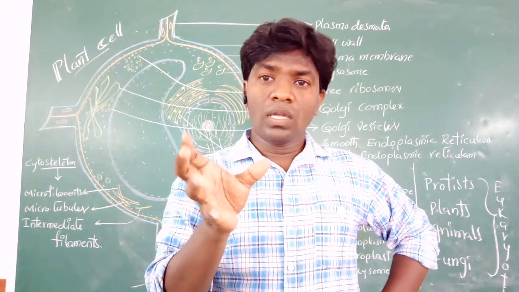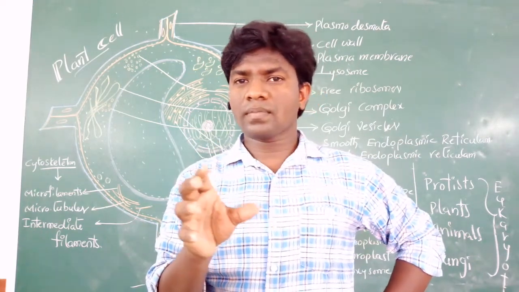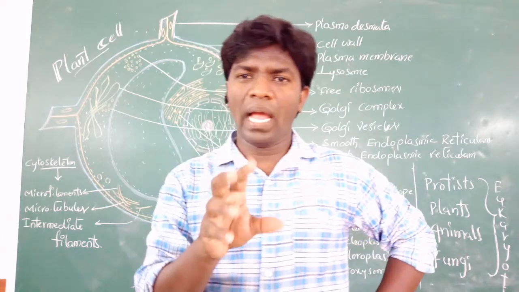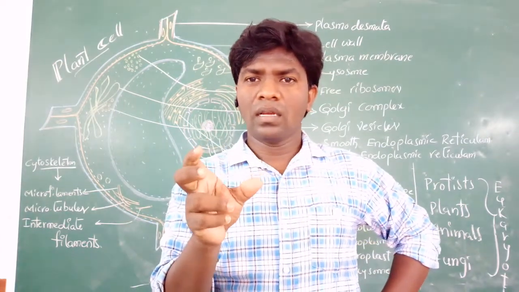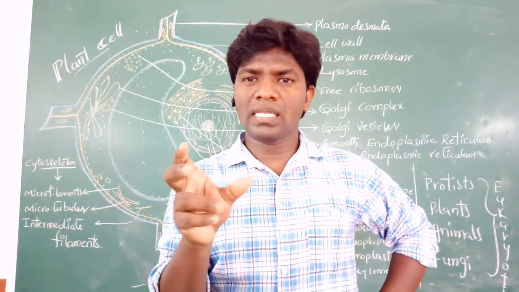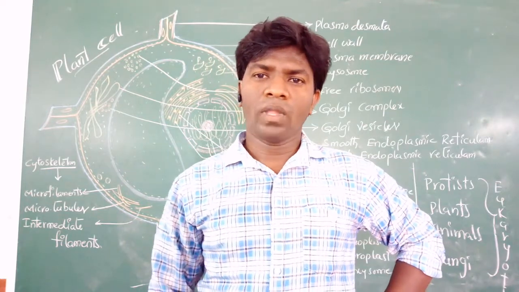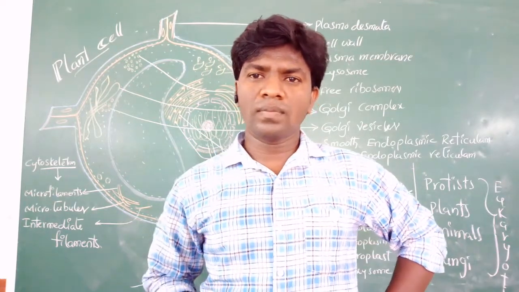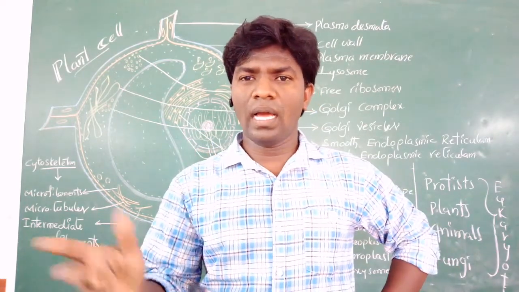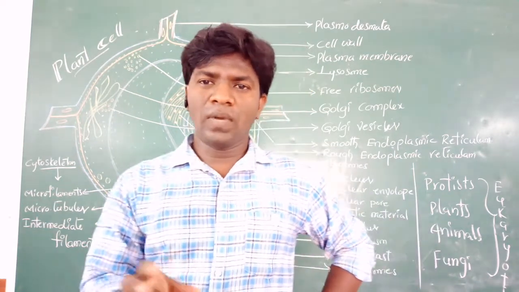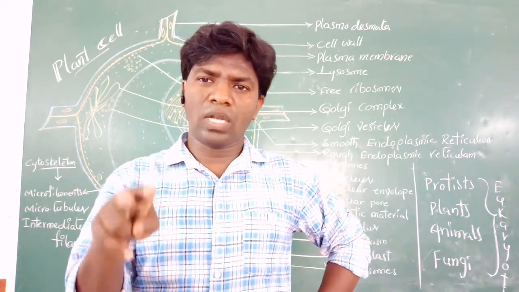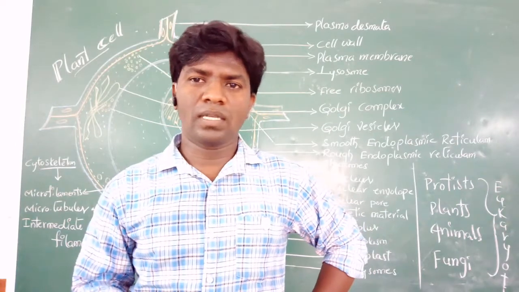Schleiden found plant cells in plants. Theodor Schwann found animal cells in animals.